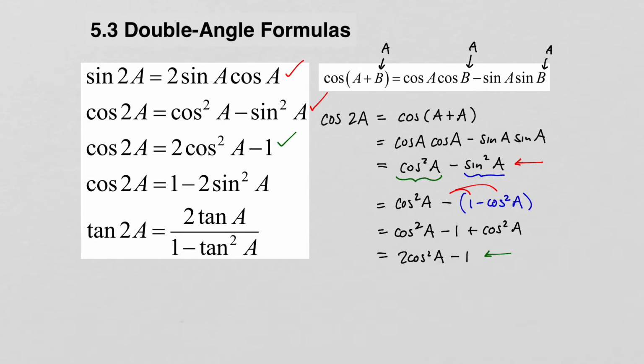And so that cosine squared of A there gets replaced with 1 minus sine squared of A. And then we still have minus sine squared of A here. And if you combine like terms here, you have 1 minus sine squared of A minus sine squared of A is 2 sine squared of A. So we end up getting 1 minus 2 sine squared of A, and that proves this one.